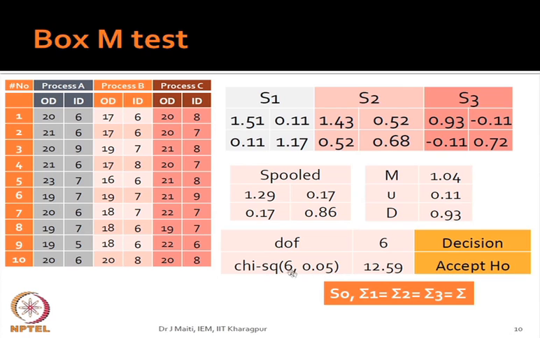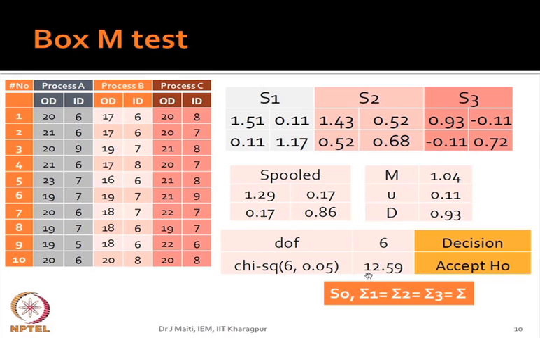Now, chi-square with 6 degrees of freedom at alpha 0.05, that value is 12.59. You will get it from the chi-square table, and then you compare the computed D value versus the chi-square tabulated value. Now, the D value is 0.93, which is much less than 12.59.